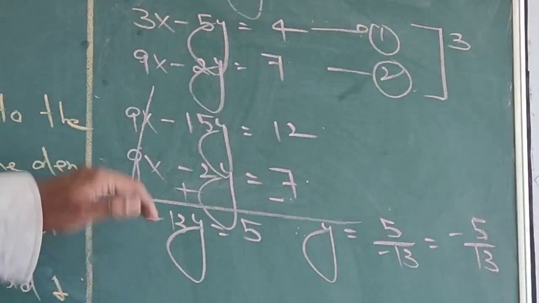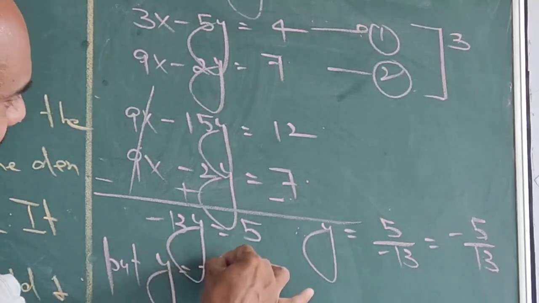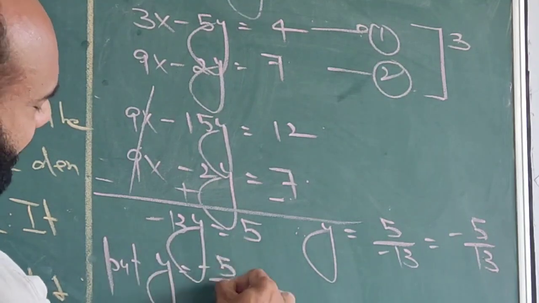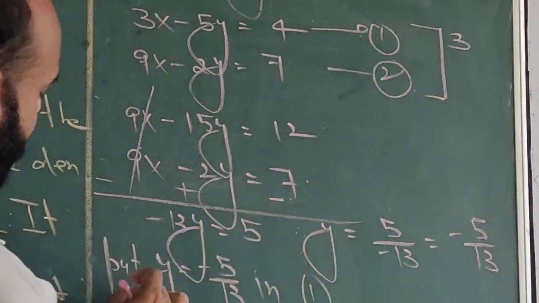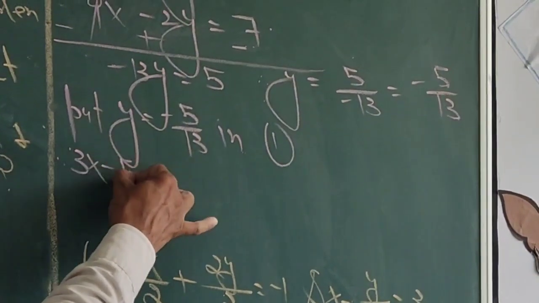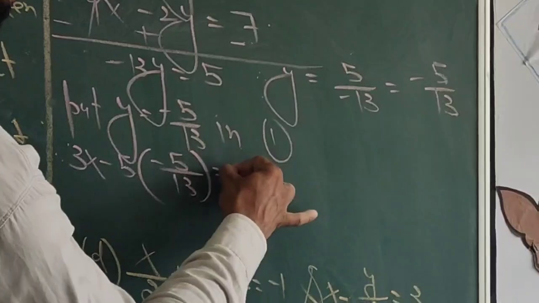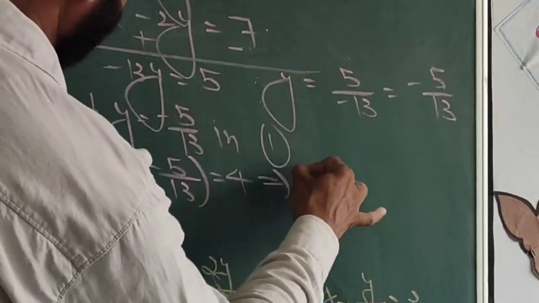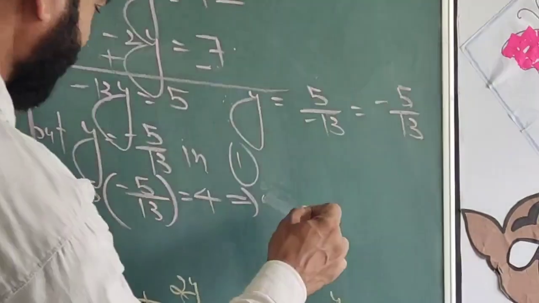Now put y is equal to minus 5 upon 13 in any one of the two equations. Put y is equal to minus 5 upon 13 in equation number 1. Therefore 3x minus 5 times minus 5 upon 13 is equal to 4. This implies 3x, here the LCM is 13.